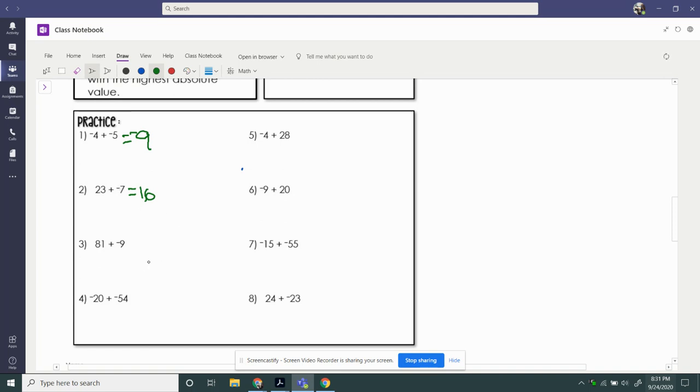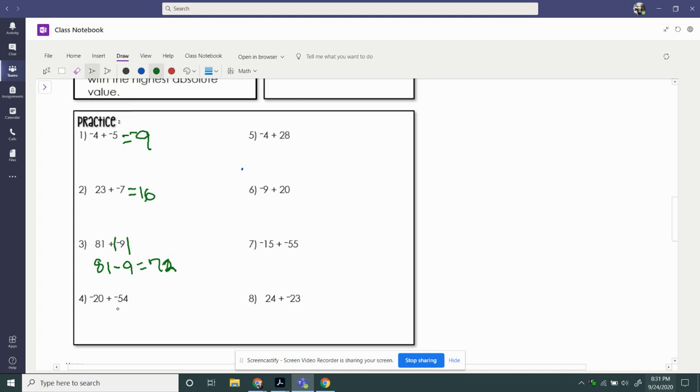Okay, let's go on to the next one. 81 plus a negative 9. Well, we take the absolute value of the negative 9, and we subtract it from the 81. So it would be 81 minus 9, which gives us 72.